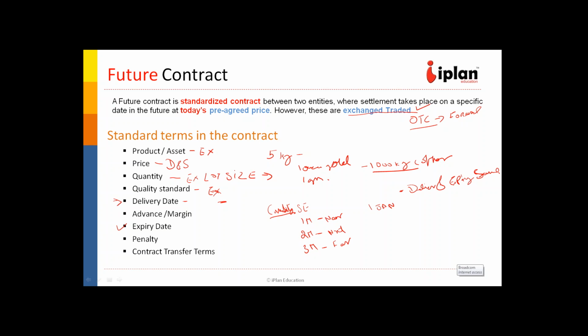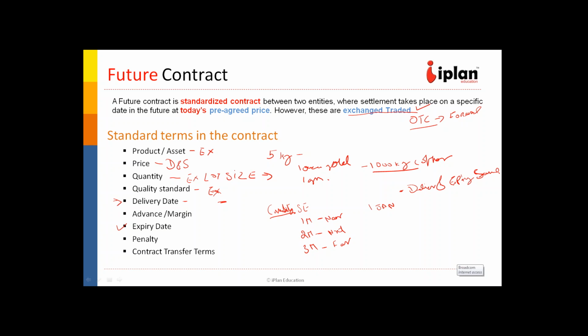Unlike shares, where shares are being issued by the companies, IPOs are being launched, and the number of shares are fixed, in case of contracts, there is no fixed numbers. I'll explain you that. That is called open interest. We'll understand that concept. So for now, you understand that the exchange only sets the terms and conditions and allows you to start trading into those contracts. It's not like that they issue the contract and you buy.